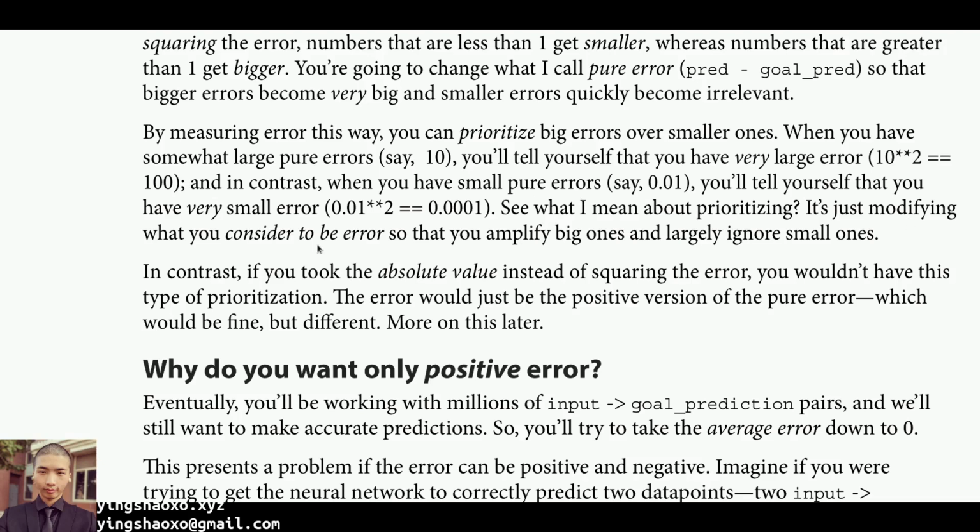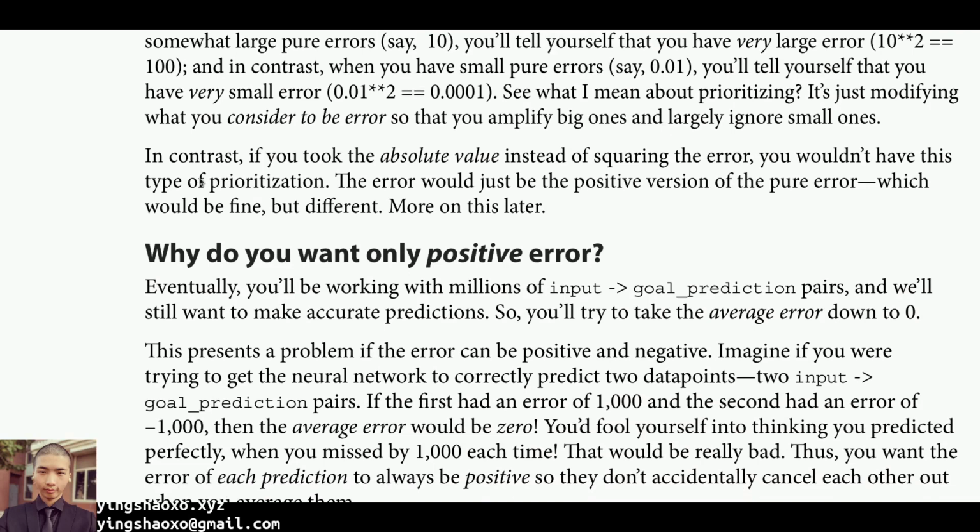It's just modifying what you consider to be error so that you amplify big ones and largely ignore small ones. In contrast, if you took the absolute value instead of squaring the error, you wouldn't have this type of prioritization. The error would just be the positive version of the pure error, which would be fine but different.